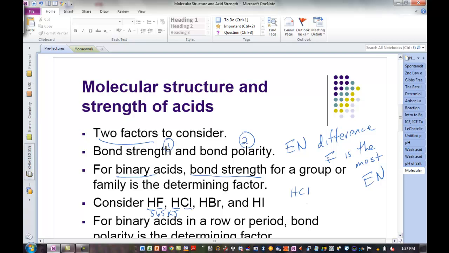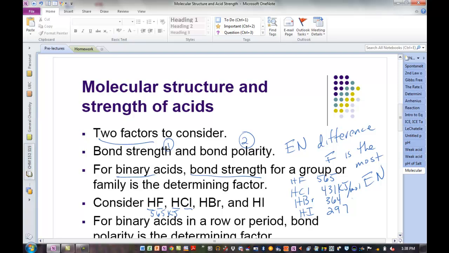HCl is 431 kilojoules per mole. HF was 565. HBr is 364. And HI is 297. So you can see that as we go down the family, the bond gets considerably weaker.